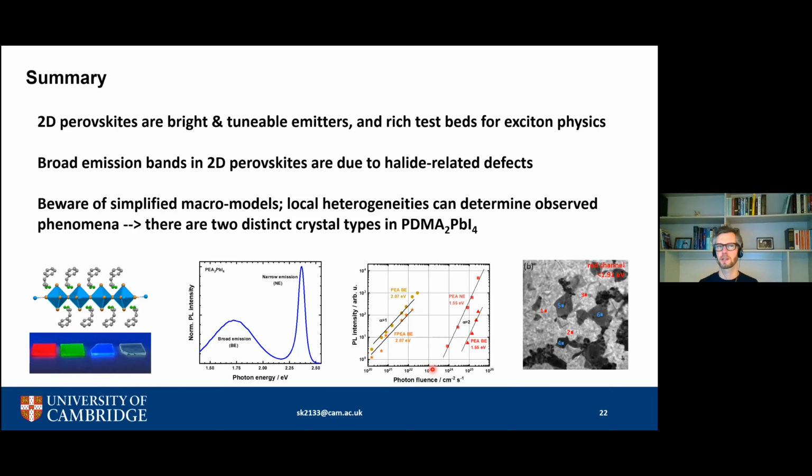Shown in the first part, the broad emission bands in these 2D perovskites are due to halide-related defects. And just as a general warning, beware of simplified macromodels. Local heterogeneities can determine some of the observed phenomena. In PDMA, for example, we see that there are two distinct crystallites, likely due to local lead iodide enrichment.